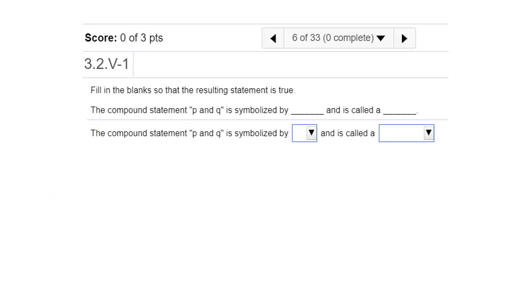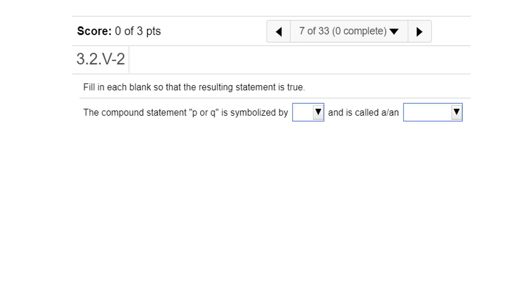For question 5, we have a couple of definitions. The compound statement P and Q is symbolized as P, the and symbol, Q, and that is called a conjunction. The compound statement P or Q is symbolized by P, the or symbol, and Q, and that is called a disjunction.